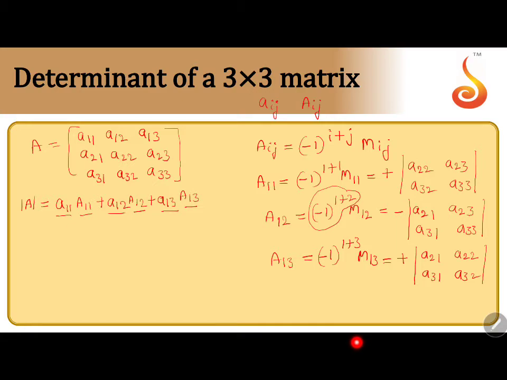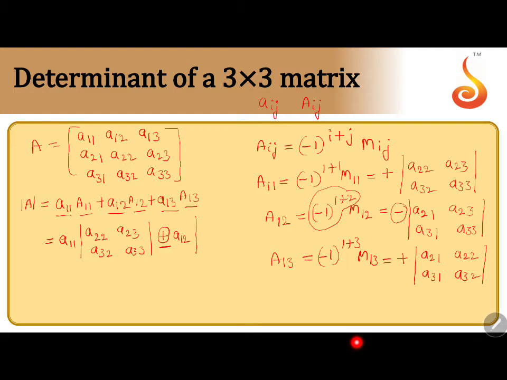Now I am substituting those values in determinant of A. A11 into capital A11 is det of A22, A23, A32, A33 plus A12 into A12. So we have minus sign here, plus into minus becomes minus. Here we get minus sign.